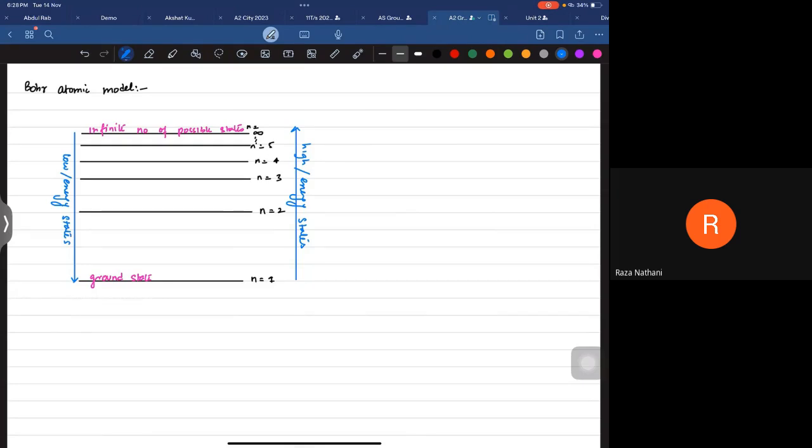All right, is it clear, everyone? So the lowest state is basically the ground state, and the gap between each state is called a quantum gap. In quantum gap, electrons cannot stay there. They can only stay in the states. This, what you see, is called the quantized model of an atom, like that.